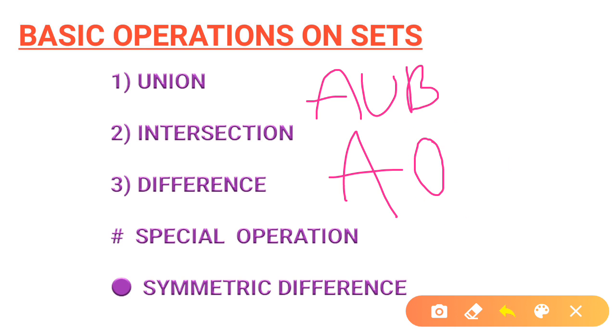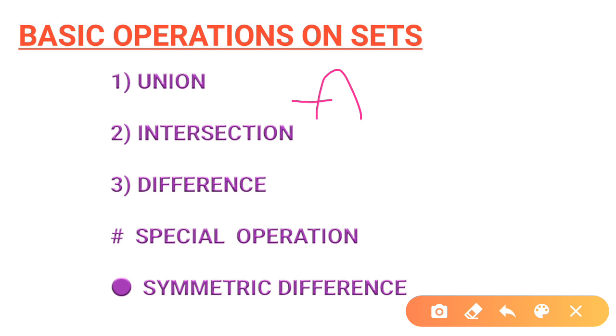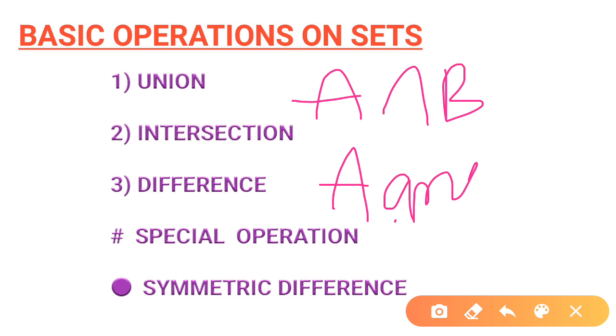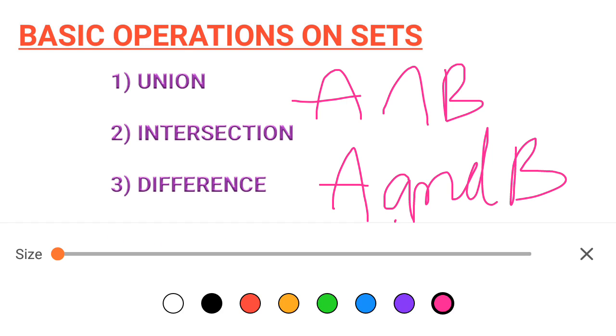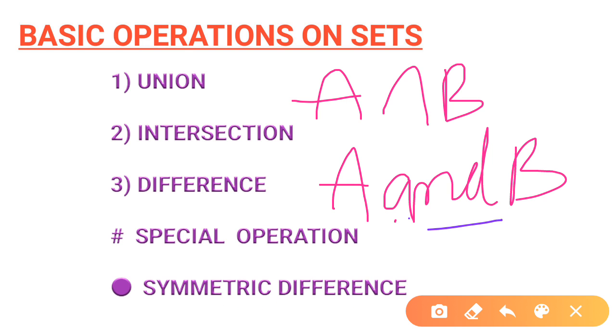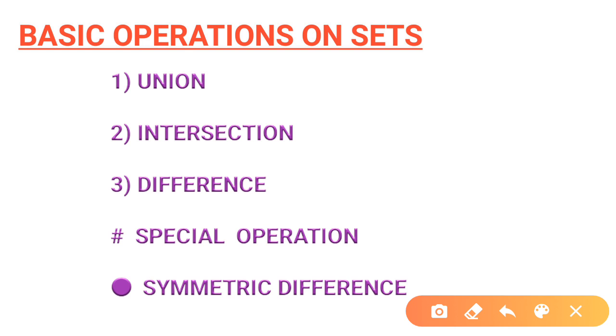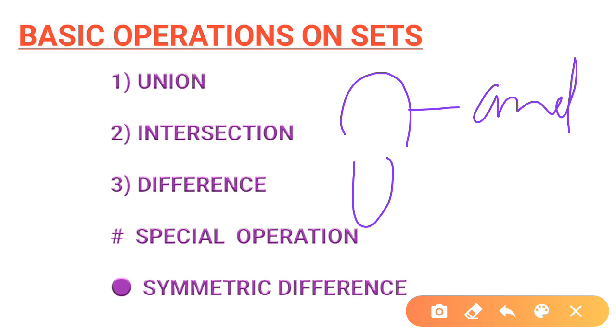And intersection means A intersection B, otherwise A and B. For intersection I'm writing "and", and for union "or".